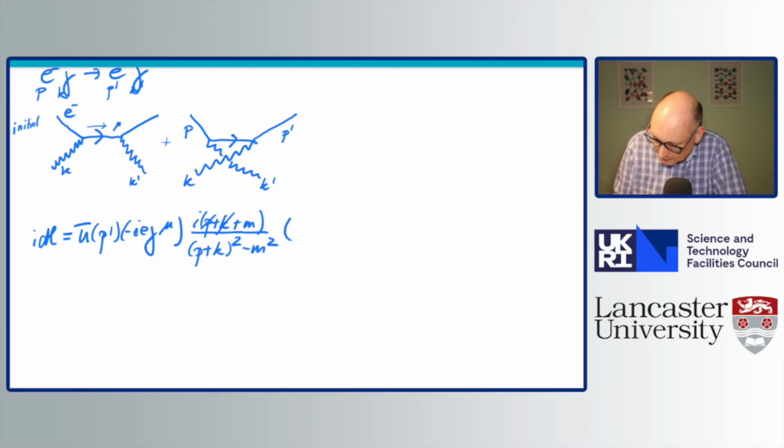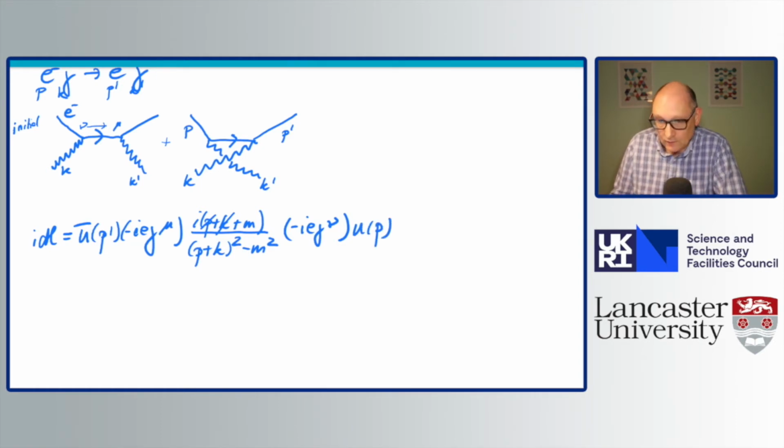Then there will be a vertex that we can give a Lorentz index nu. So there will be minus ie gamma nu. Then there will be the photon polarization vectors. I haven't put them in, but I'll do that later. I'll just follow the Fermi line through and say then there's a u of P.